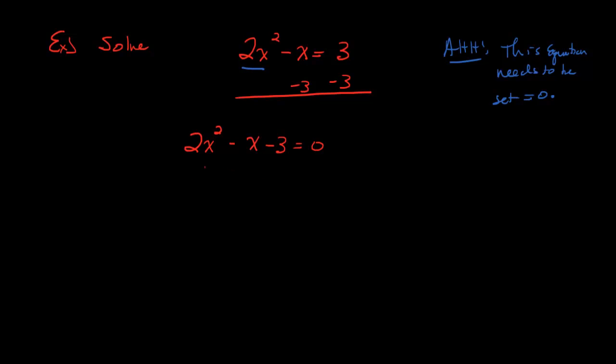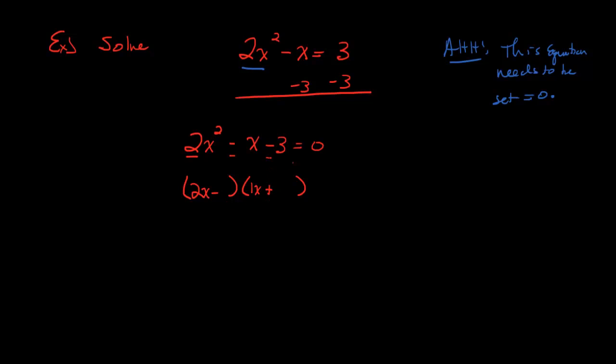So now we're going to have to factor this equation. I recognize that I have a 2 as a leading coefficient, so I know I'm going to have factors of 2 and then a 1. And it's an x squared term, so I know this is going to be an x, and this is going to be a 1x. My last sign is going to be a negative. What times a negative gives me a negative?